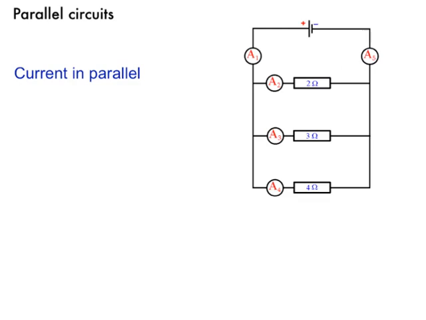If we actually measured the current along those three branches using these ammeters, ammeter 2, ammeter 3 and ammeter 4, we would find, for example, that the current in this ammeter would be 6 amps.